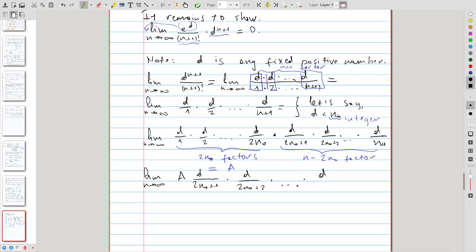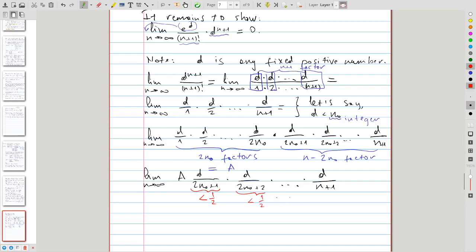So the interesting thing about this product is that since d is less than n0, we also have that all this first fraction is less than 1/2. And all this second fraction is also less than 1/2.